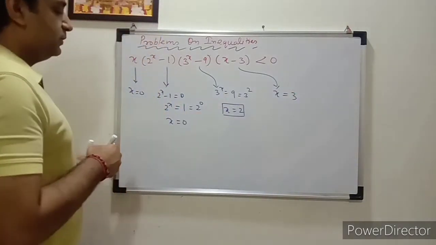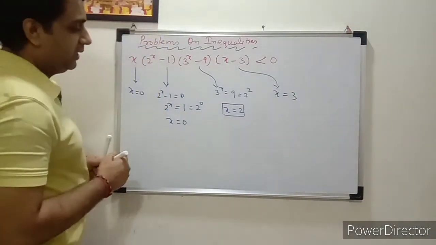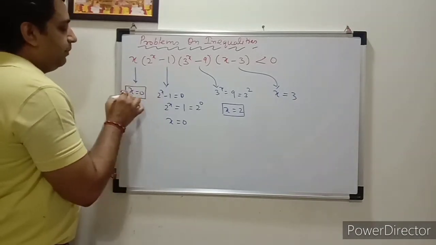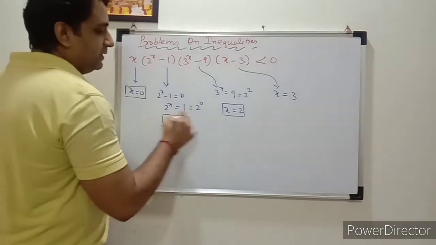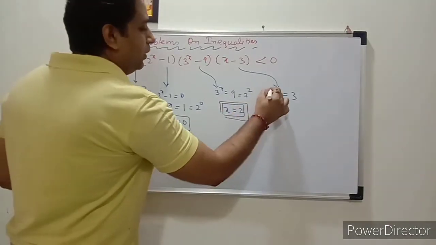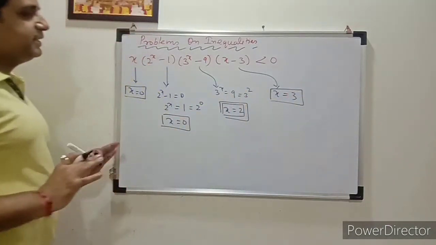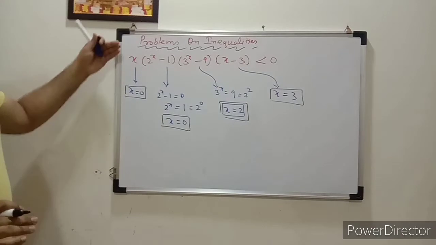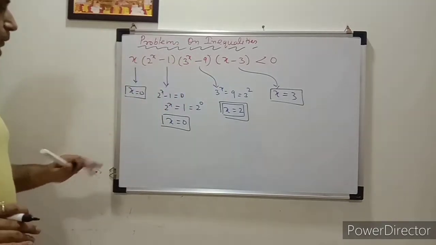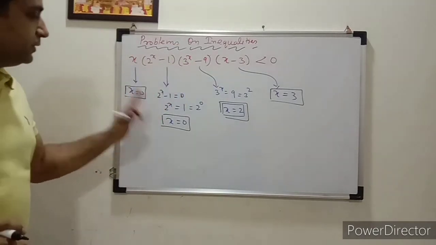So we have values, and one value is repeating, this 0. Then x = 2 and x = 3. So very simple, whatever factor is given, we have to equate each with 0 and we'll get the values: 0, 0 two times.